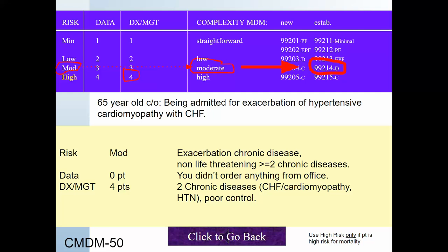If you see this patient in the office and you think the congestive heart failure might have been due to a heart attack, they're tachycardic, tachypneic, short of breath, their pulse ox is really low, and you're thinking that's a threat to life, you're thinking they're having a heart attack, well then the risk is high because you said it was.